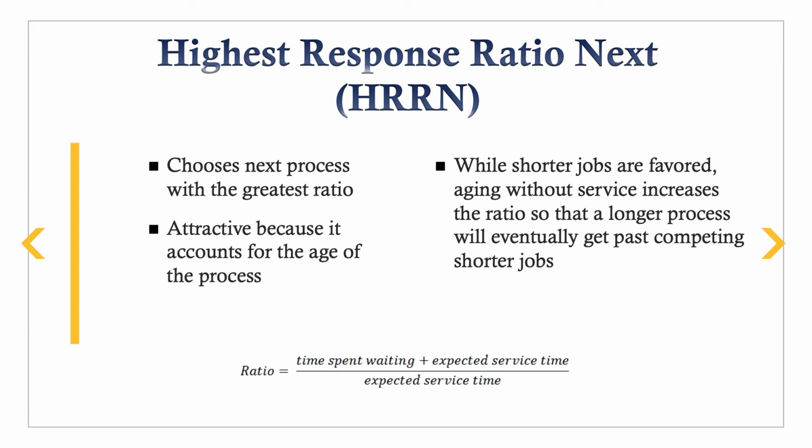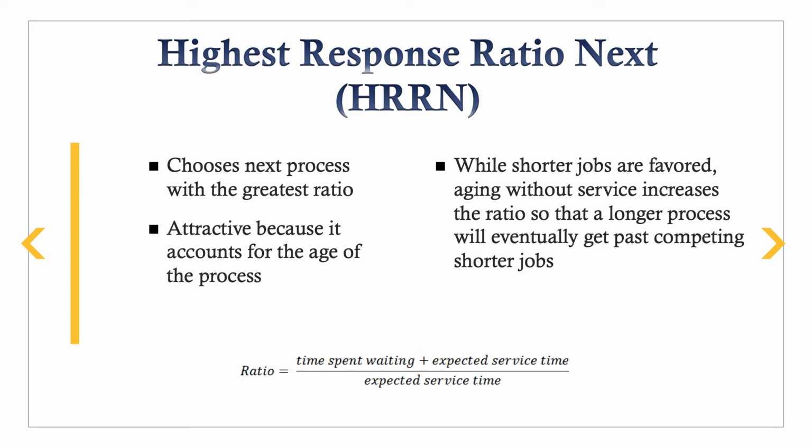Our ratio, we calculate by taking the time spent waiting plus the expected service time, divided by the expected service time. So as the time spent waiting increases, we keep getting a higher and higher ratio.